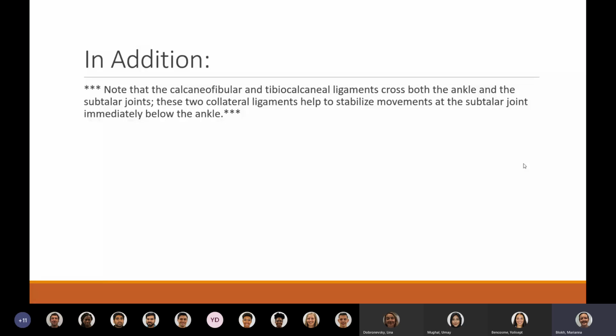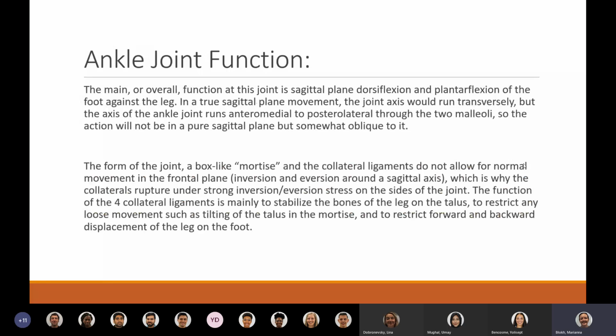Remember, they cross the ankle and the subtalar joint. So these 2 collateral ligaments help stabilize the movements of the subtalar joint immediately below the ankle. So this is also another test question that can be asked: which ligaments cross both joints, the ankle joint and the subtalar joint?